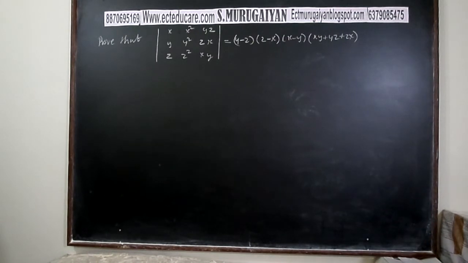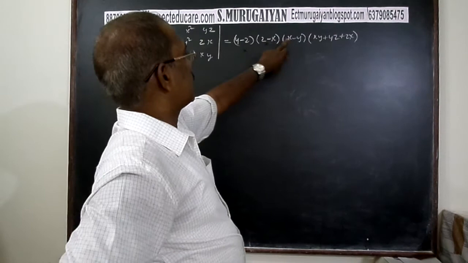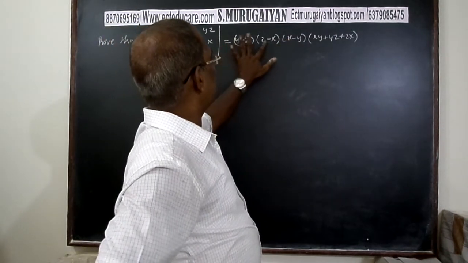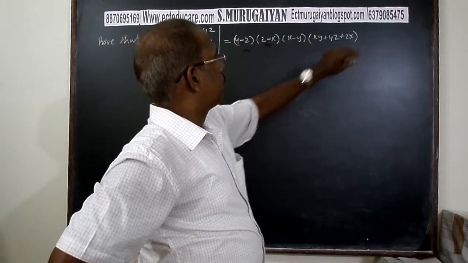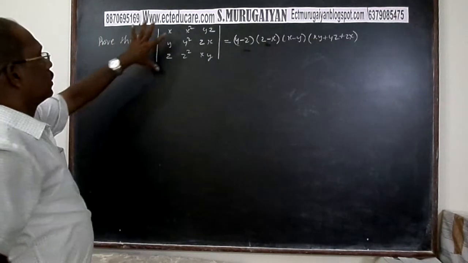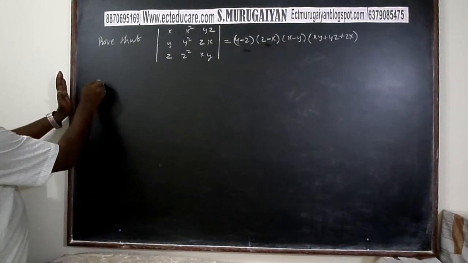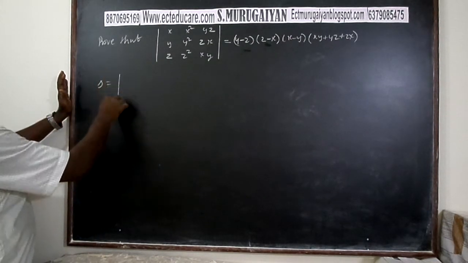So dear student, in the third question, y minus z, z minus x, x minus y, and xy plus yz plus zx. So all are in cyclic order. So this is the determinant. Now we can start. So delta is the given determinant.